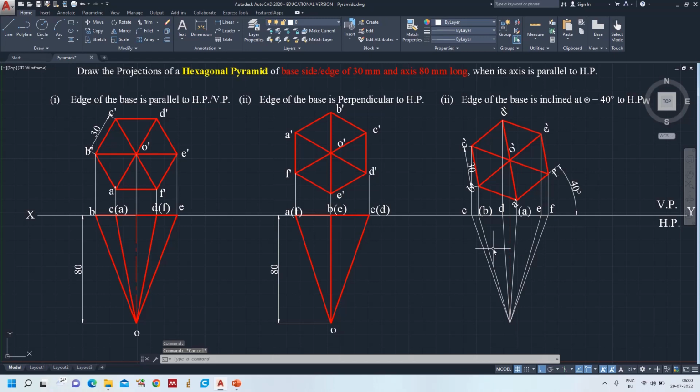Now the edge CO is clearly visible, the edge DO, EO, FO visible.